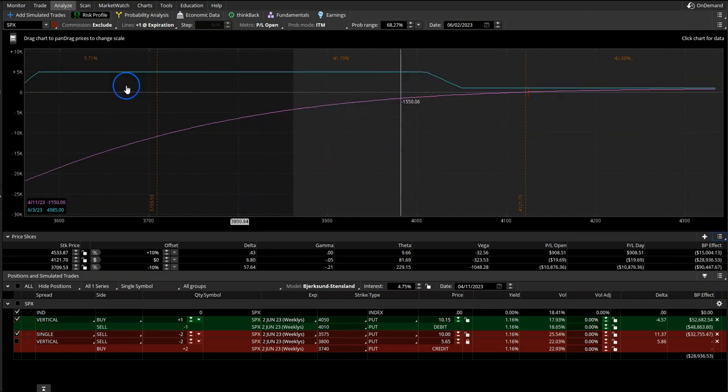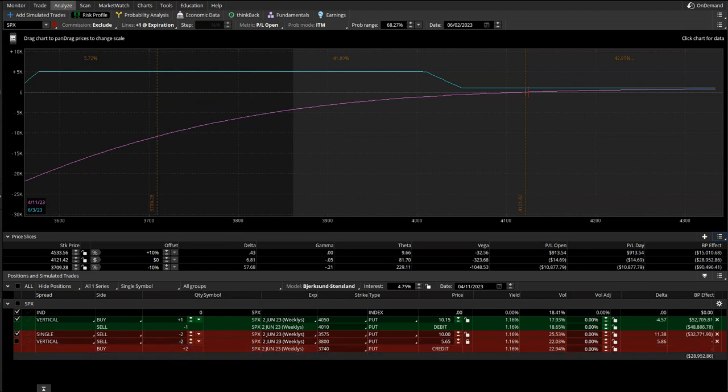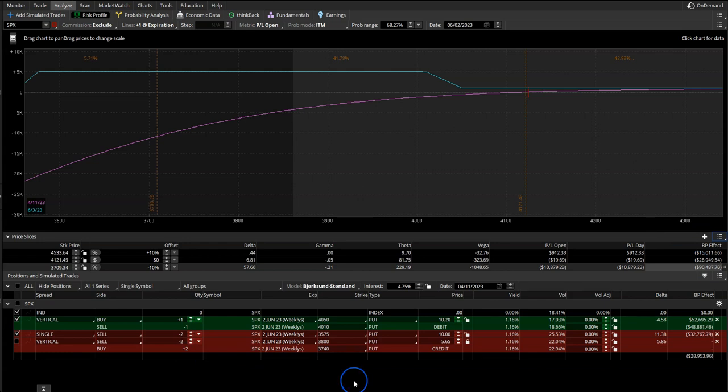Almost halfway closer. So we're between 4,000 and 3,600. So we're at 3,800, almost halfway closer to at the money. But your margin goes way down, right? It goes from 28,000 to only about 8,000. So that's the benefit. That's the good part, right?